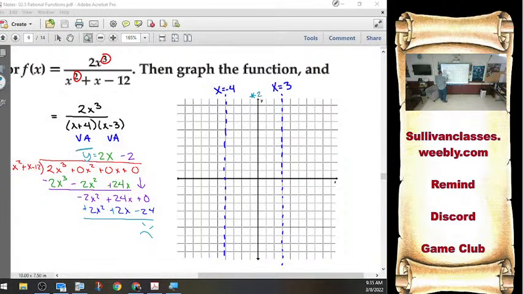And say my oblique asymptote starts at negative 2. Slope is up 2 over 1. And I'm going by 2s, so there we go. It's going to look like a slope of 1 because of my scale.